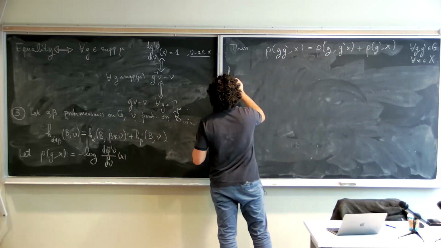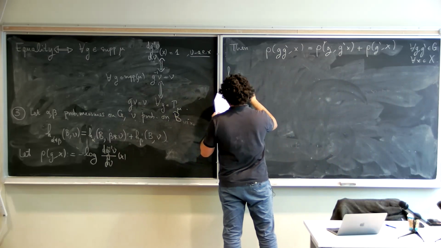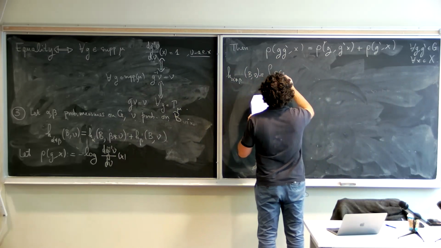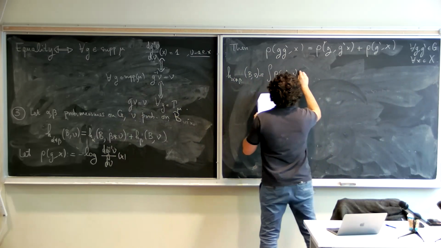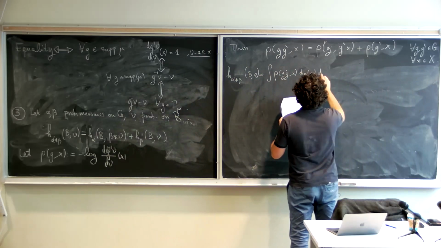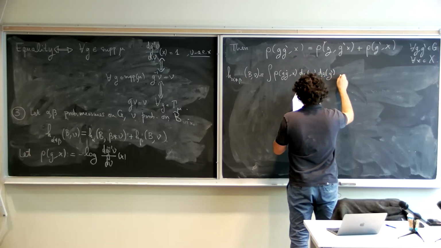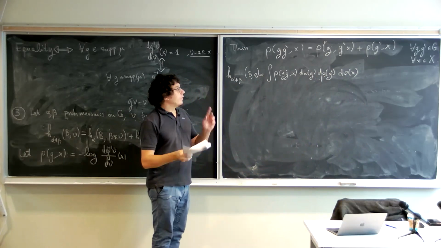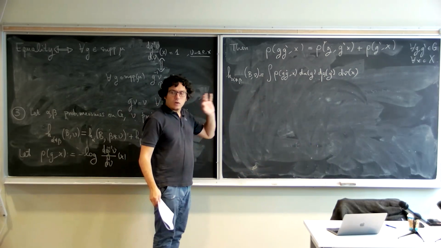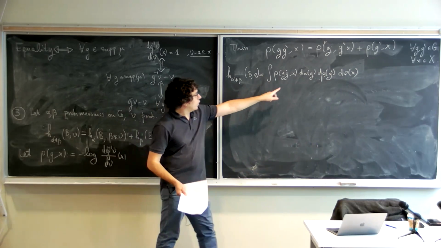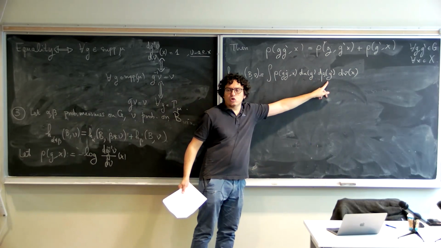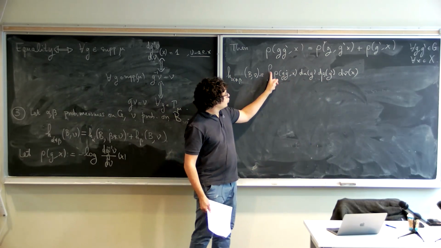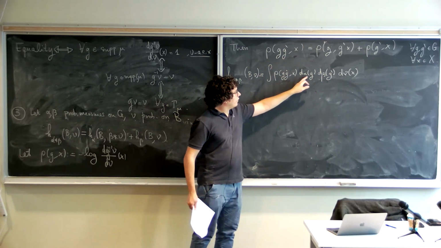Because H of alpha star beta of B nu is the integral of rho G prime x d alpha of G d beta of G prime d nu x. This is because, if you remember the definition of convolution, alpha star beta is the push forward of the product measure on the group by the multiplication operation. This is by definition of convolution. This is the integral with respect to alpha star beta.